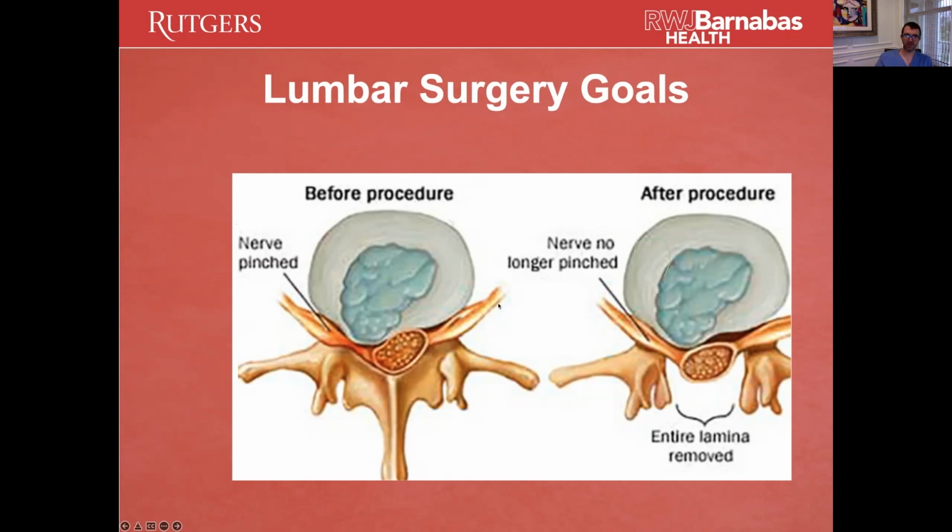This is a normal, happy, non-compressed nerve root, and this is the compression you get when a herniated disc comes out and pushes into the foramen. That causes radiculopathy. Here is basically the surgical intervention. A laminectomy involves removal of the spinous process and removal of the lamina. The lamina is the bone that transitions off laterally from the spinous process and covers the thecal sac or the dura.